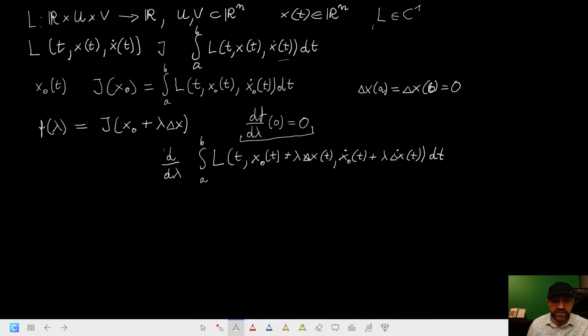Right. So in fact, what we know about this is that at point lambda equals to 0, this integral vanishes.